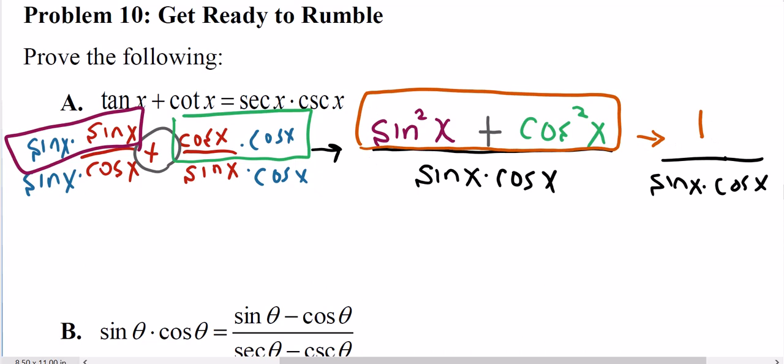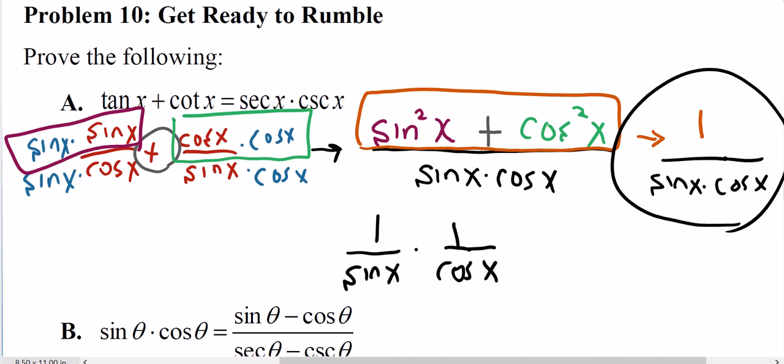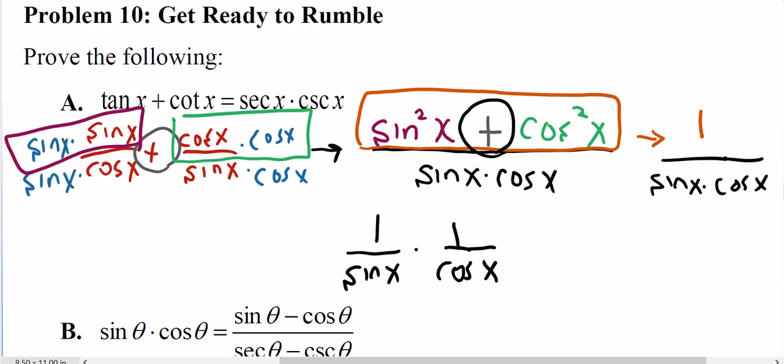I'm going to go ahead and split this fraction into two separate fractions. Note that we have a 1 in the numerator. When I separate them, it's still multiplication. It's not addition or subtraction. The plus sign disappeared because by definition of the Pythagorean identity, sine squared plus cosine squared is equal to 1. What I'm separating here are two fractions based on this multiplication.